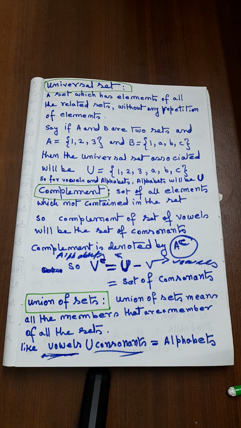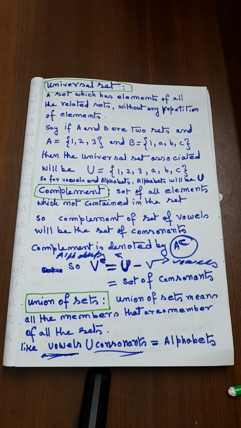Because in alphabets there are 26 characters. In vowels there are 5 characters: A, E, I, O, U. Now, what will be the complement of the set of vowels? It will be the set of those characters of alphabets which are not A, E, I, O, U. So if we subtract A, E, I, O, U from alphabets, the rest of the characters are called consonants, right?